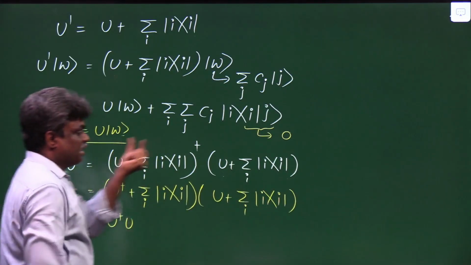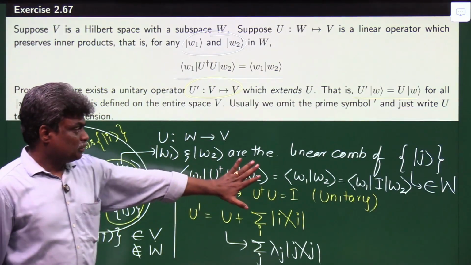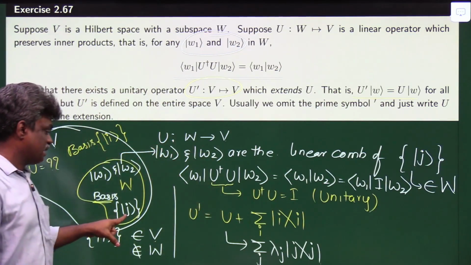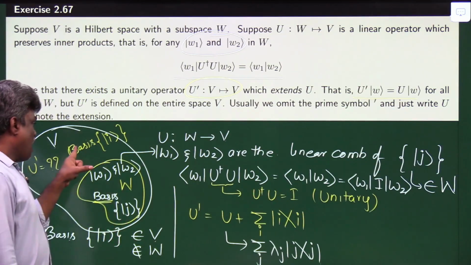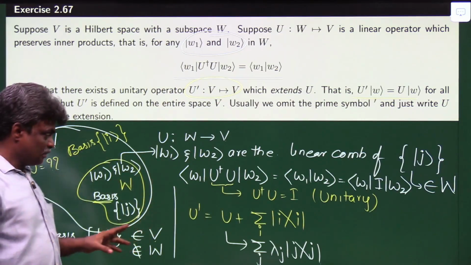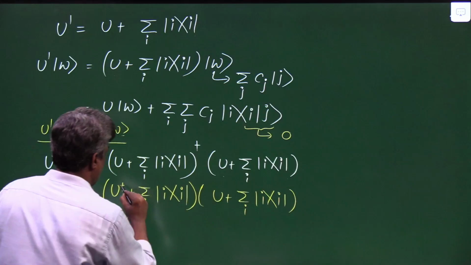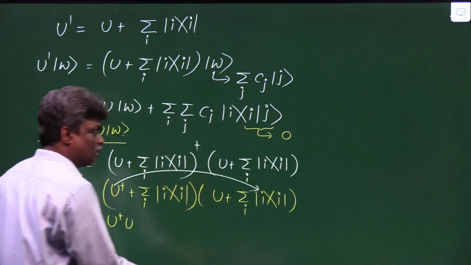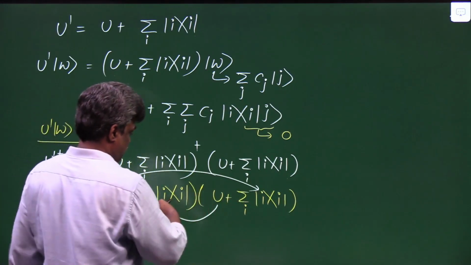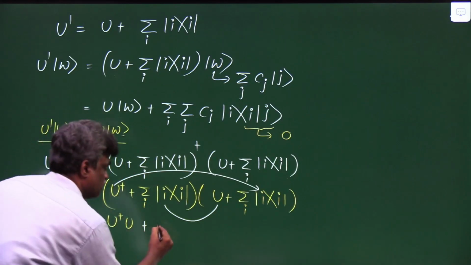Remember one more time, u or u dagger operates only on the basis states j. The i are not basis states of u or u dagger, so if this operates on this, you will get 0, and similarly the other cross term is also 0. Then the next term is second into second, the summation over i.